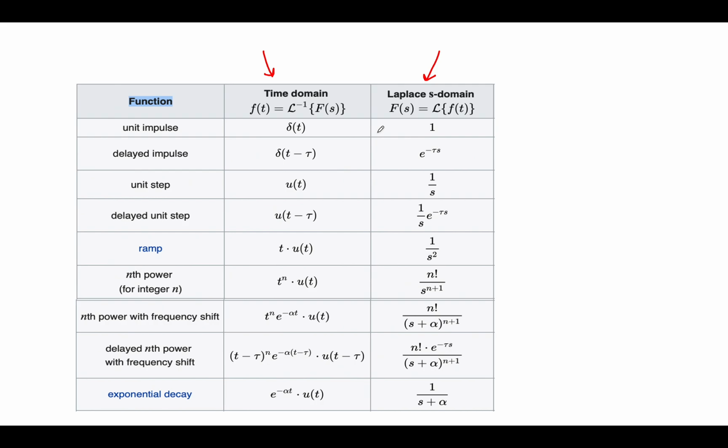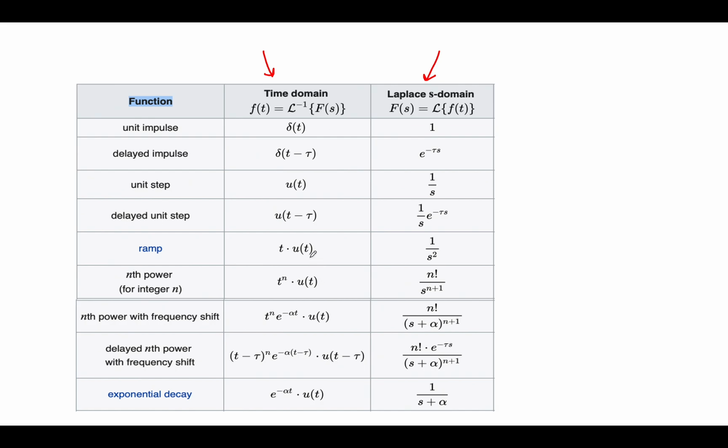of the functions that we work with in electrical engineering will fall into something that is given in this time domain column. So for example, we have an impulse function, we have a time-shifted impulse, we have a unit step, we have a time-shifted or delayed unit step, we have a ramp, we have a polynomial term, t to the n.